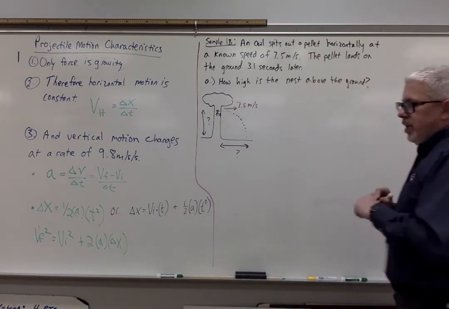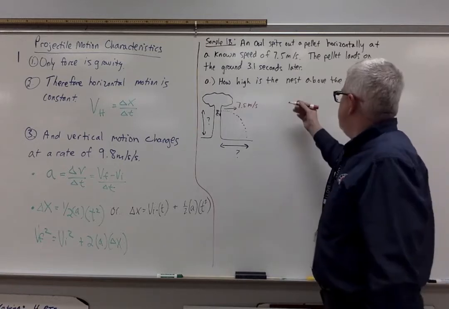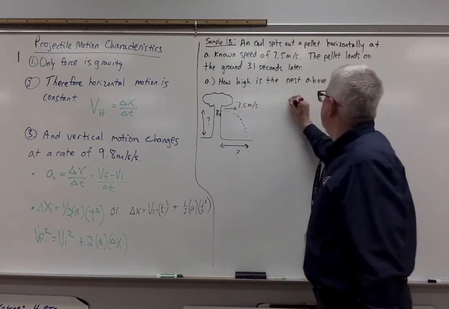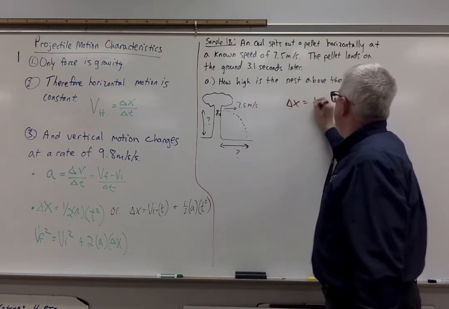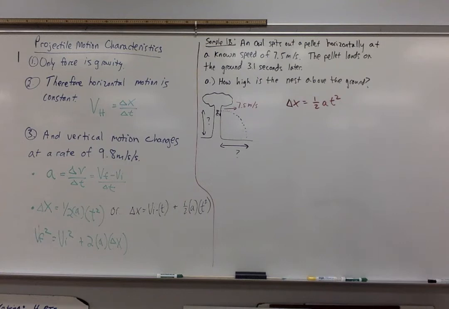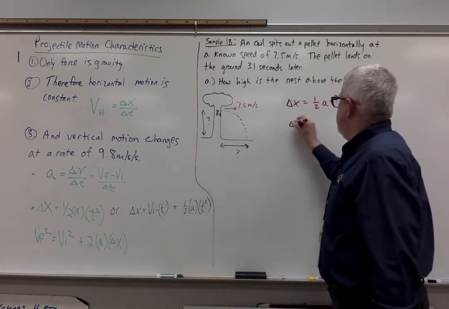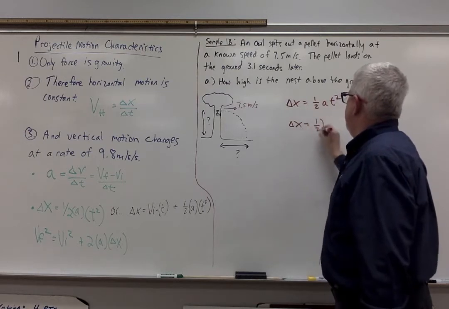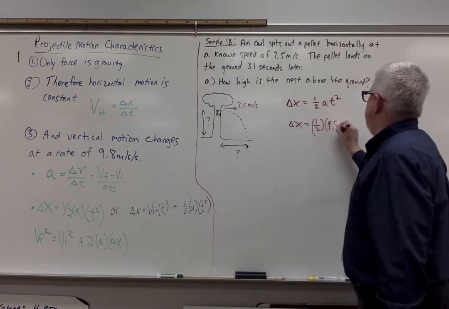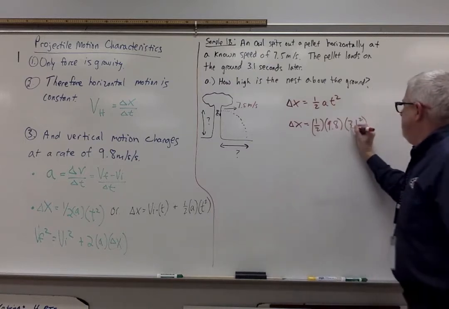We know that's still 9.8 or 10 meters per second squared. So in this particular case, I'm going to say delta x equals 1/2 a t squared. There is no vertical velocity at the beginning of this. So that delta x, 1/2, 9.8, 3.1 squared. Okay?